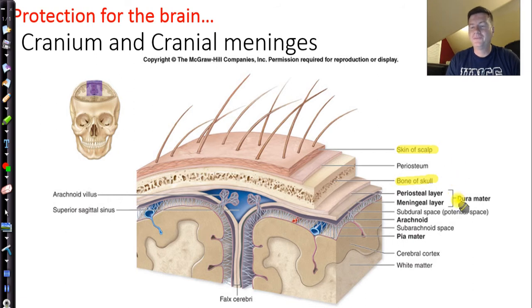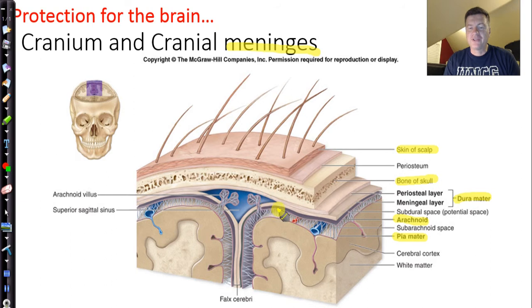The dura mater, the arachnoid mater, and the pia mater are meninges, and we see the meninges are here, of course, the same as we saw in the spinal cord, and they're in the same layers. The only difference you see here is the dura mater does have a periosteal and a meningeal layer, and it's just the dura mater actually has a slight difference in its anatomy in the brain.